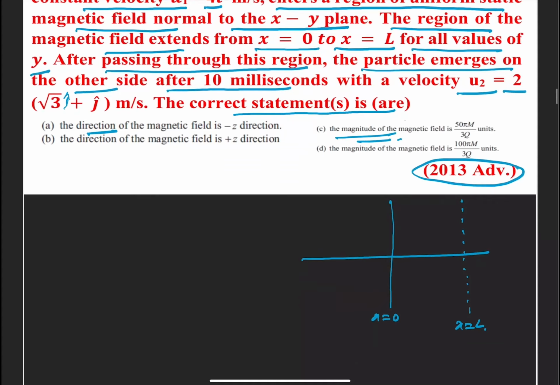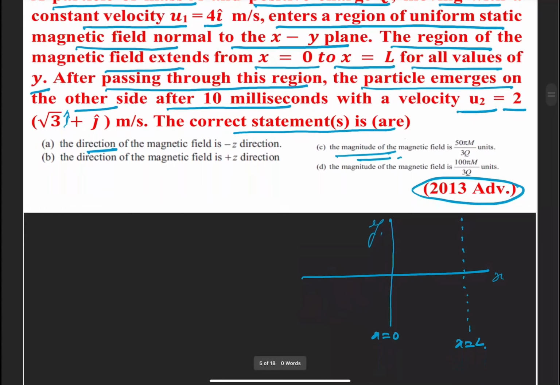So this is our x-axis and this is our y-axis, and the initial velocity is 4i, so initially it is our u1 and the final velocity is given as u2.